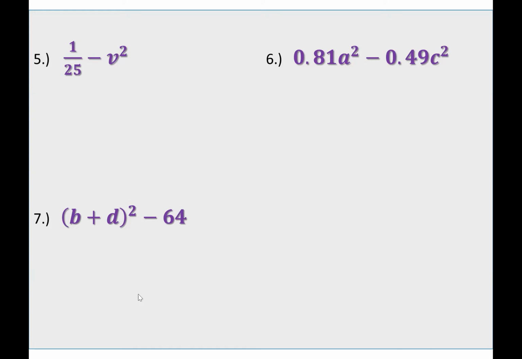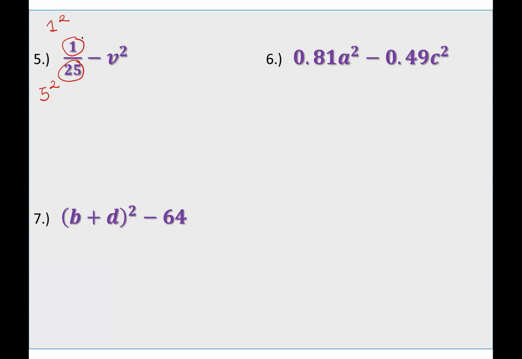Recognize that we still are dealing with perfect squares. With fractions, you can kind of look at the parts separately. Look at the numerator and denominator separately. So look at the numerator of 1. That's equal to 1 squared. Look at the denominator of 25. That's equal to 5 squared.